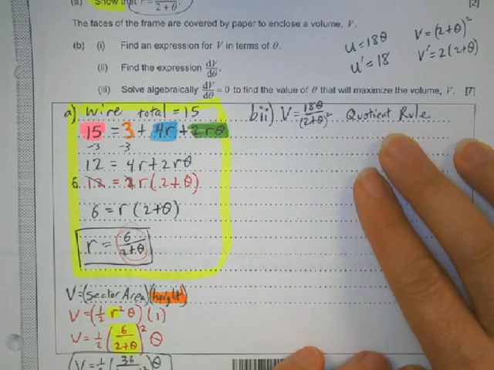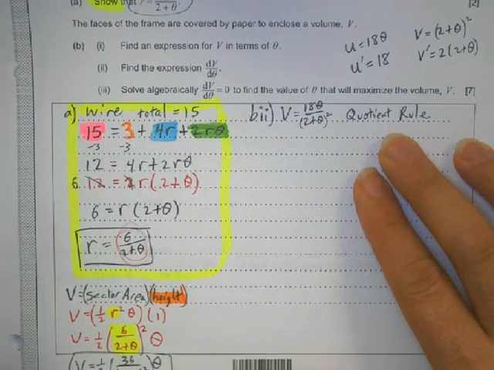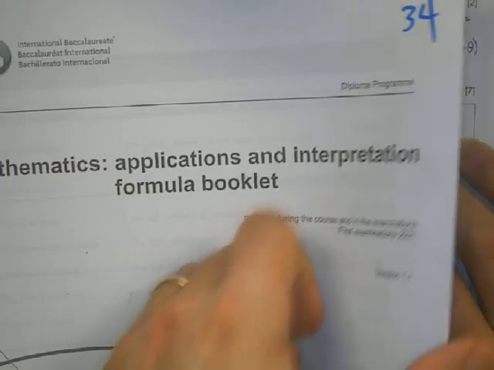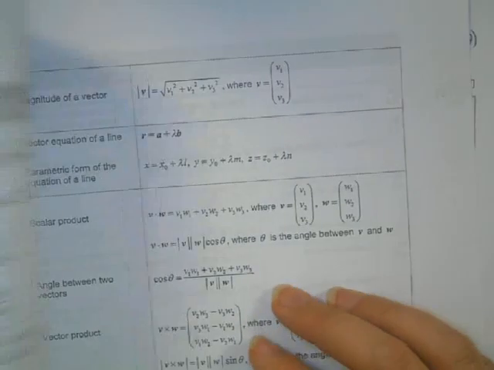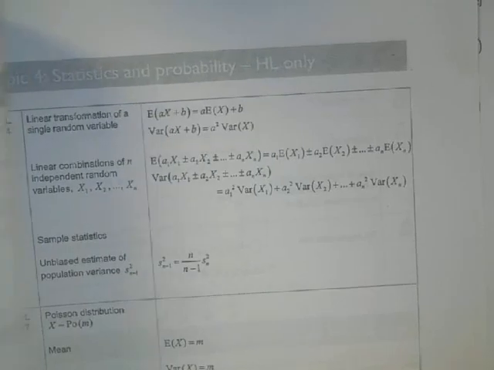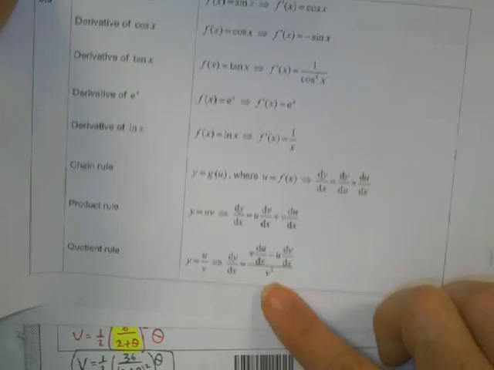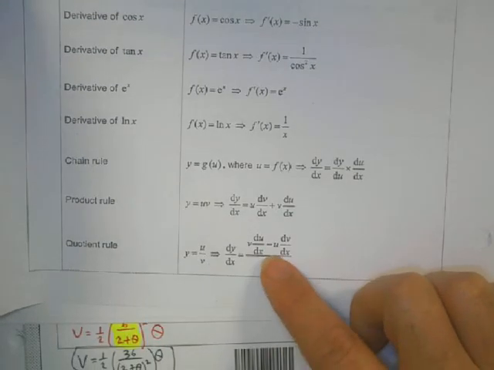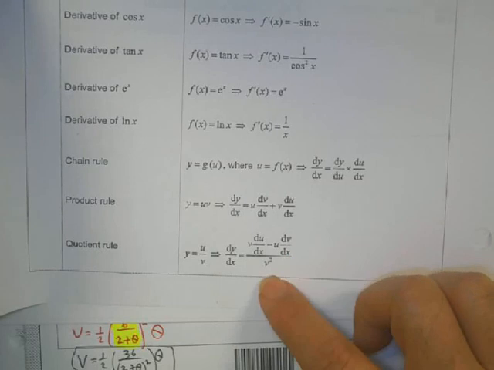Okay. So now I'm going to do the quotient rule. So just for those who don't remember the quotient rule, the quotient rule is v times u prime minus u times v prime over v squared.